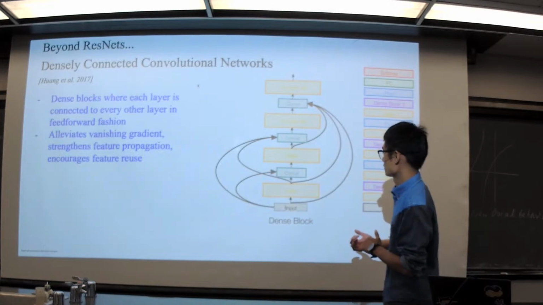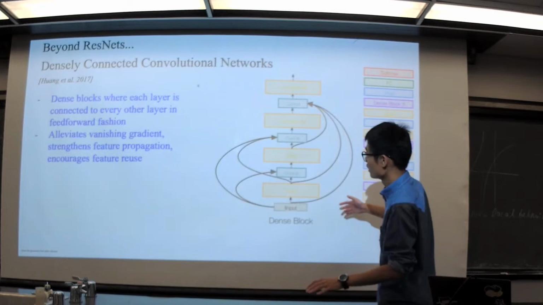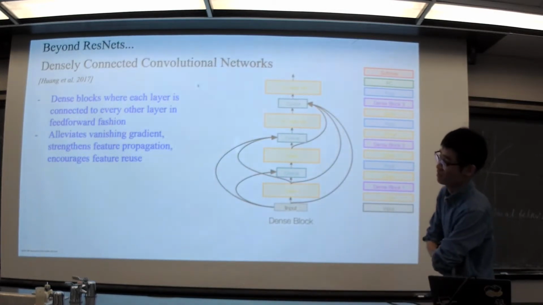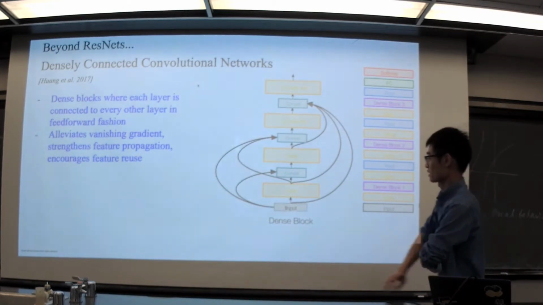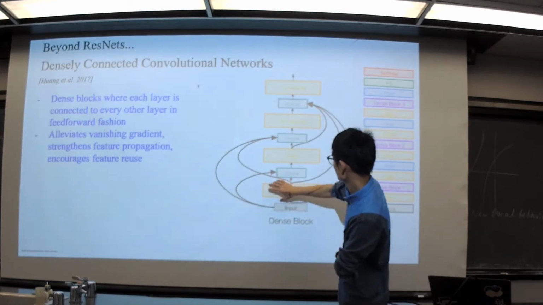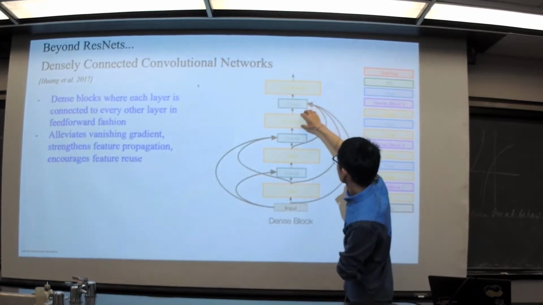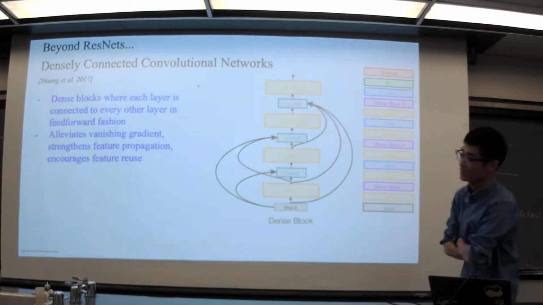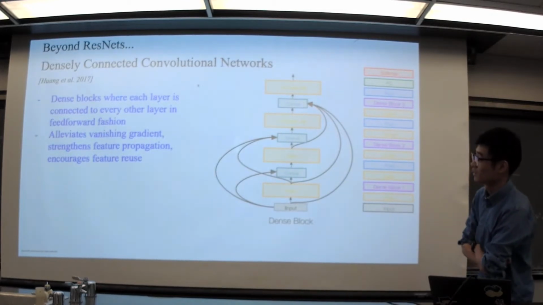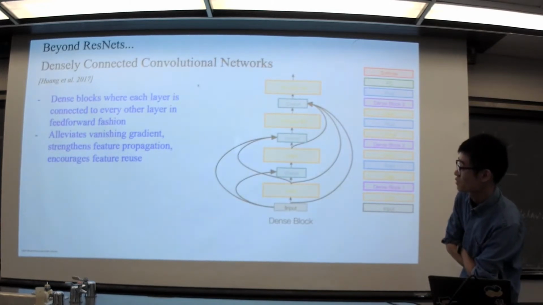It's called DenseNet. Their dense block, like this block, where each layer is connected to every other layer in feed-forward fashion. Like you see here, it connects to this block, this conv, and the last conv. So that's why it's called dense. It alleviates vanishing gradients.